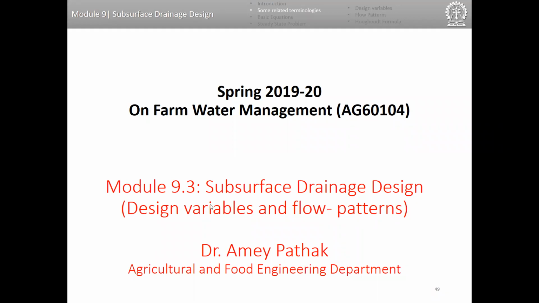While designing a groundwater drainage system or subsurface drainage system, the relationship between most of the variables and the parameters are actually well established.